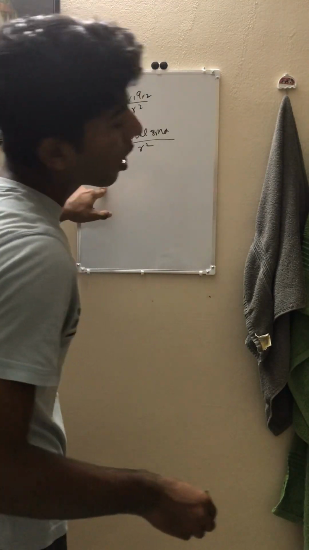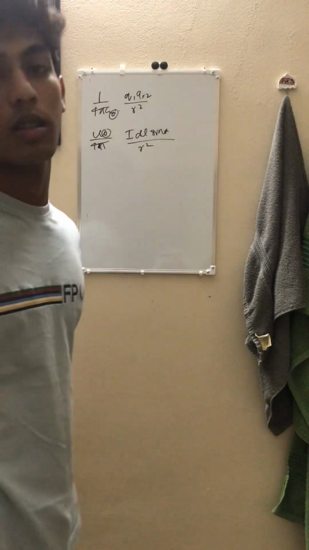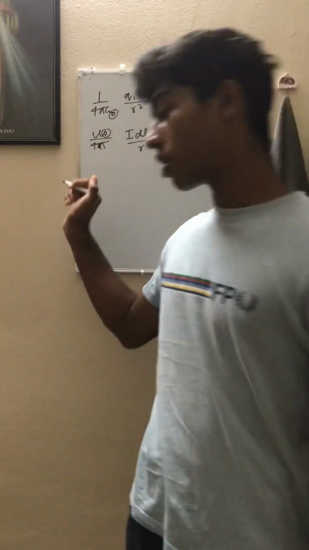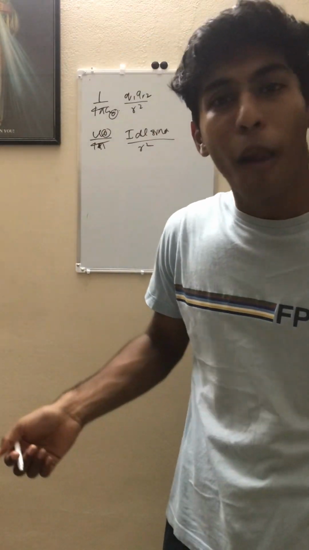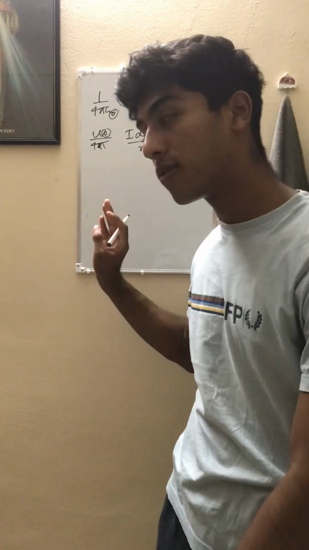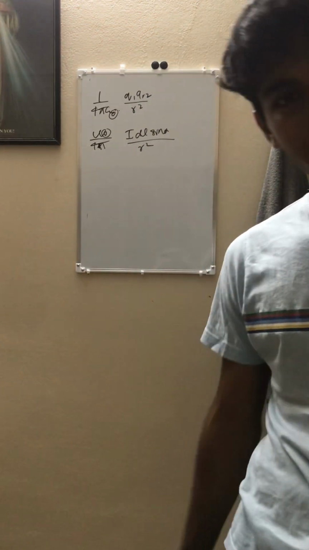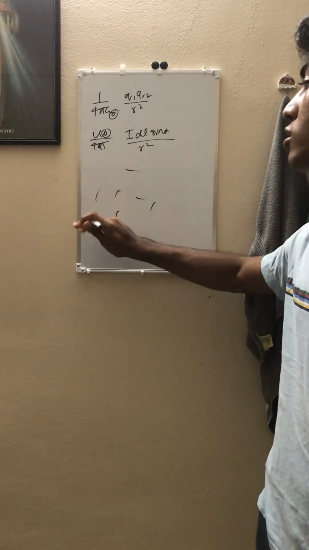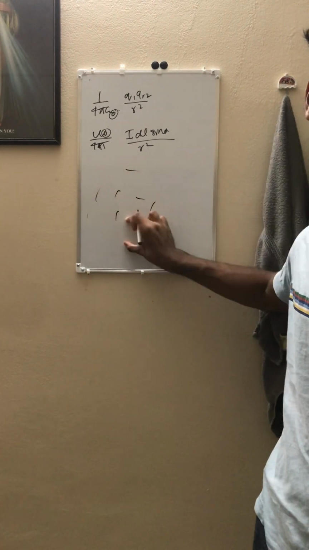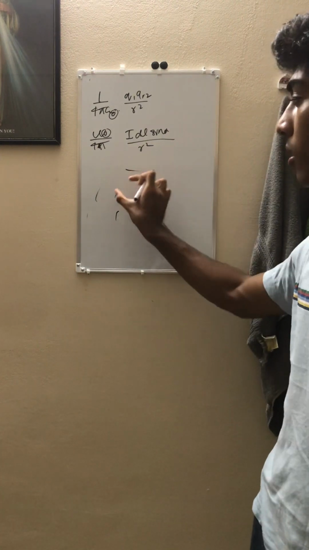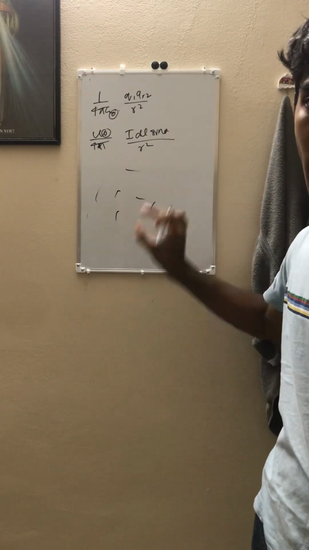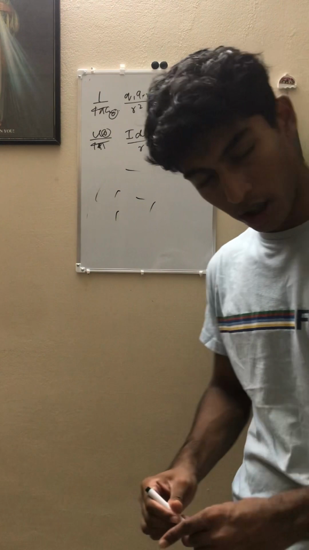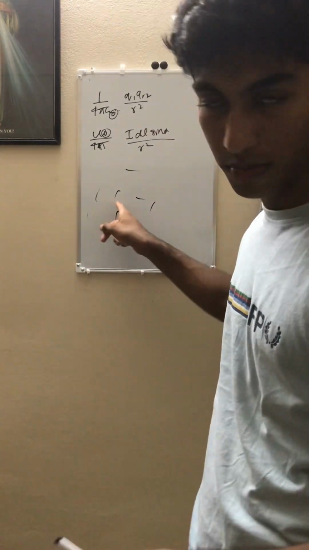And both obey the law of superposition. You know what the law of superposition is? We learned about the electric field. The law of superposition is the sum of all the individual electric fields experienced by this.